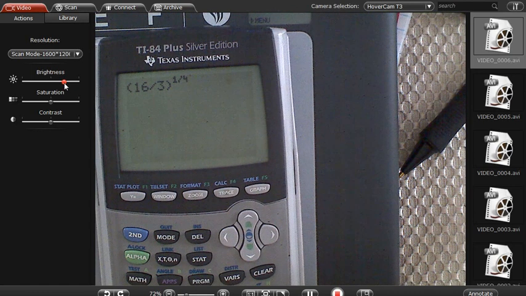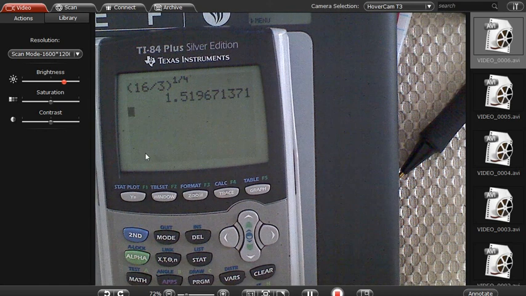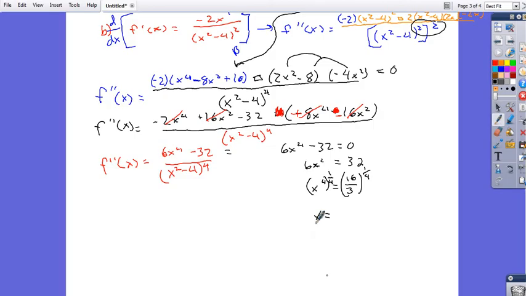Let's see what we get. 1.5919, 1.520, because it rounds. Alright, 1.520. Okay.